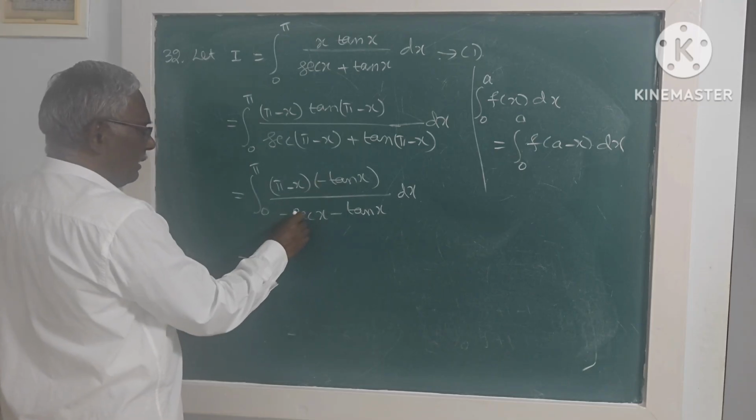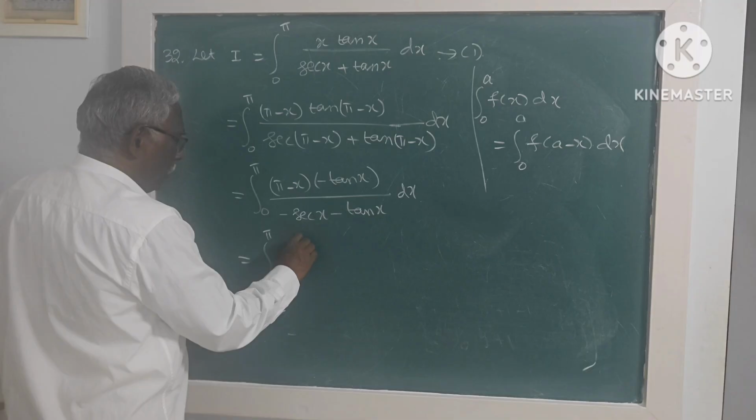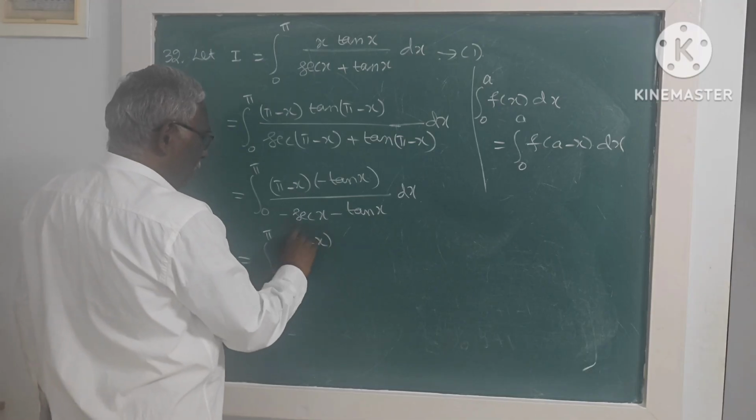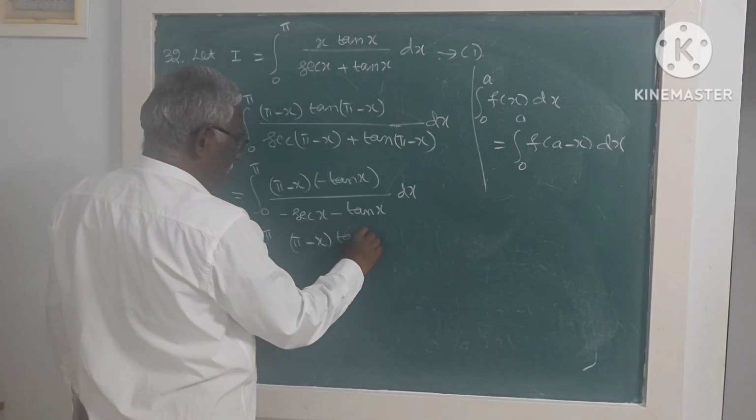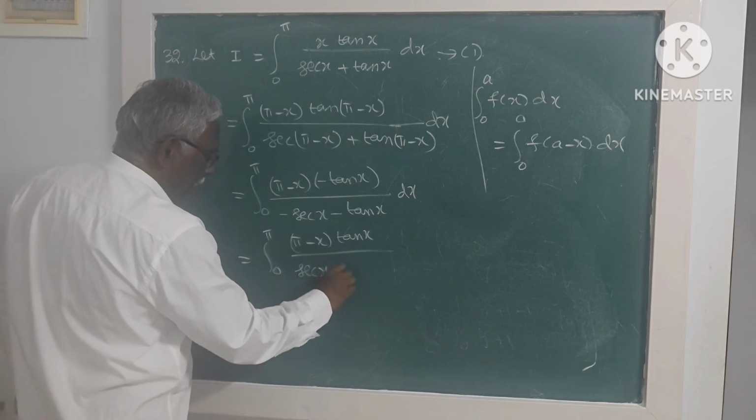Take the minus sign outside, so it will become 0 to pi, pi minus x into tan x by secant x plus tan x.